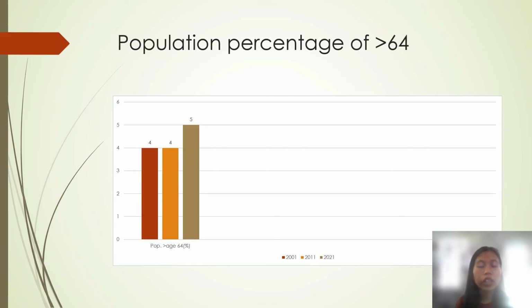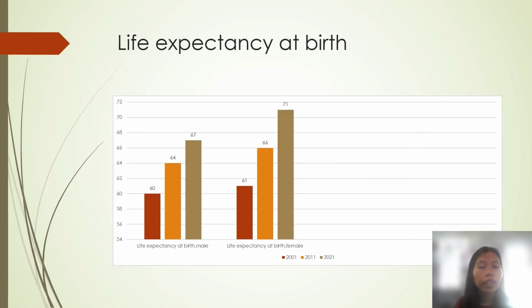Population percentage of people ages 64 and above in 2001 to 2011, the population percentage remained constant, and it increases in 2021.